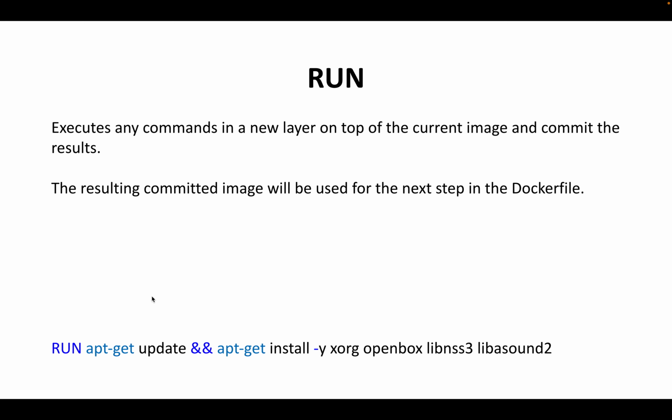So in our example, I use RUN to execute apt-get update and install all the libraries that I needed for my project. So basically, I installed Linux Debian dependencies. So you can run pretty much any command line utils or programs using this instruction.